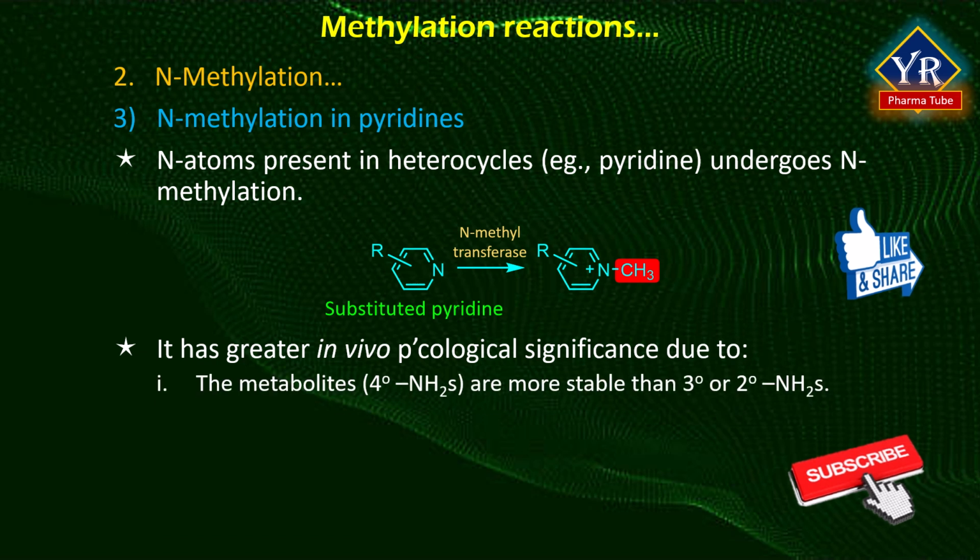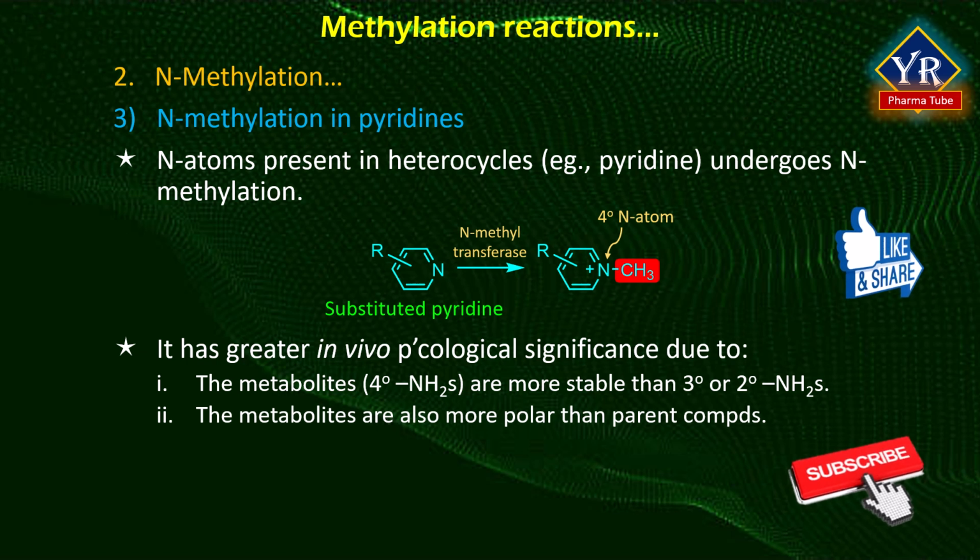First, the resulting metabolites, being quaternary amines, are more stable than tertiary and secondary amines toward N-demethylation. And second, these metabolites are also more polar than the parent compounds in contrast to the products of N-methylation in primary and secondary amines and in imidazoles.